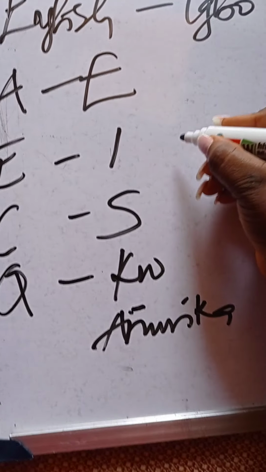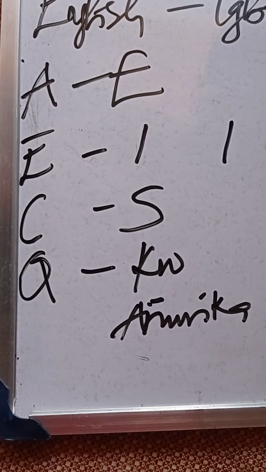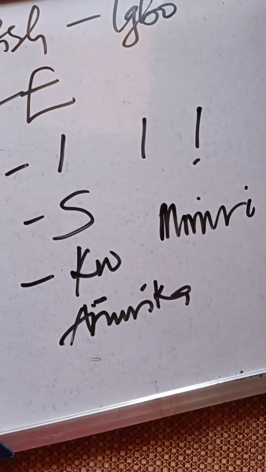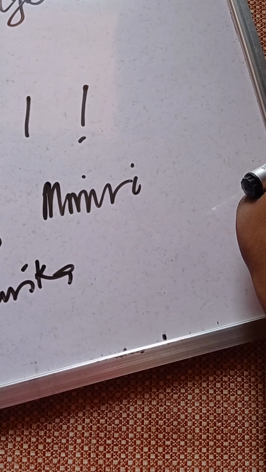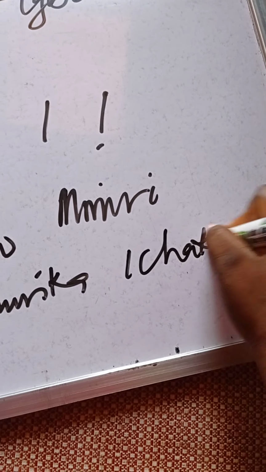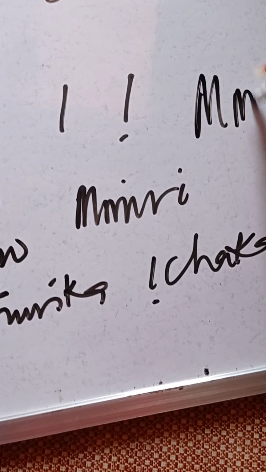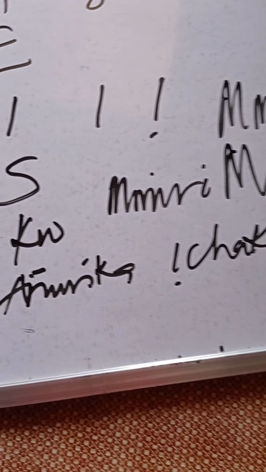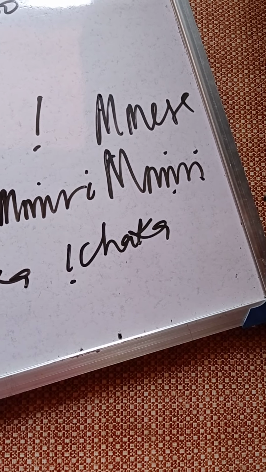And then some people don't know when to use this E and A. When you want to write miri, E. When you want to write ichaka, E. So you cannot write miri as mere.